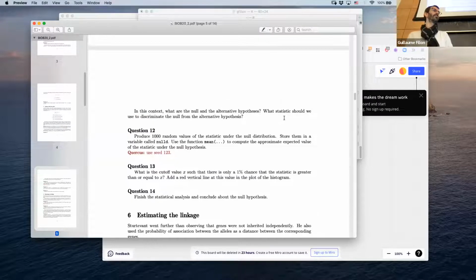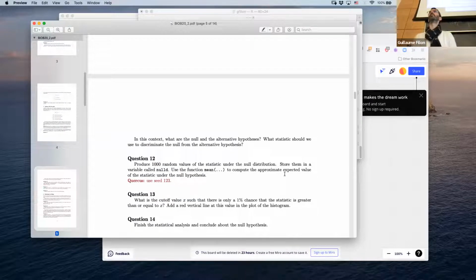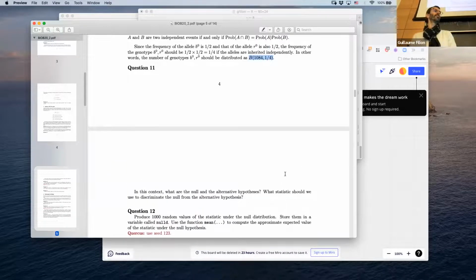I'm listening. What's the null here? Yeah, so that's the null hypothesis, that the B0 R0 genotype occurs 1/4 of the time. And we complete it by saying that it follows a binomial distribution.